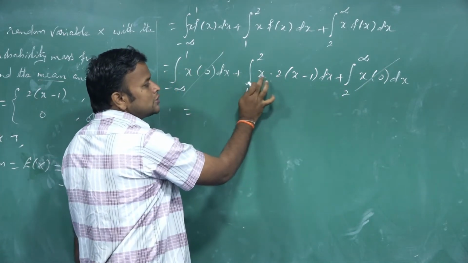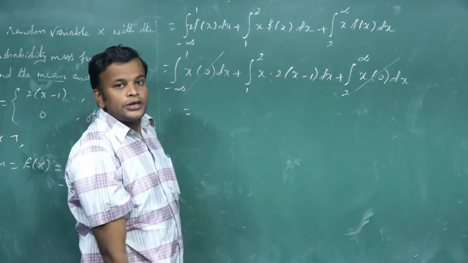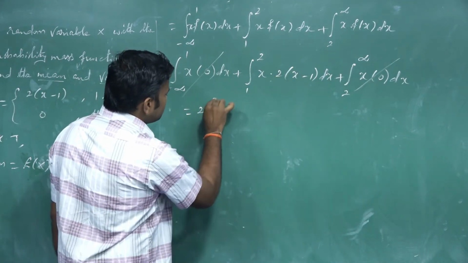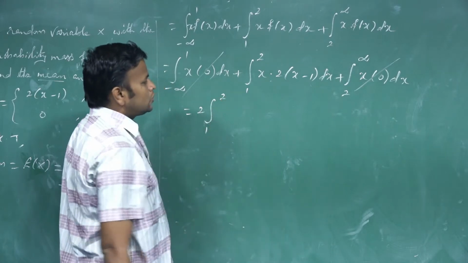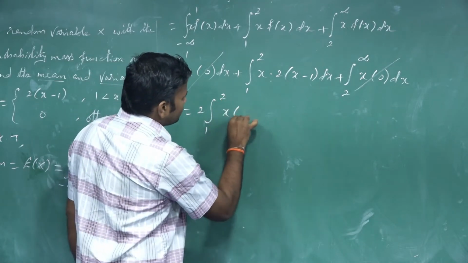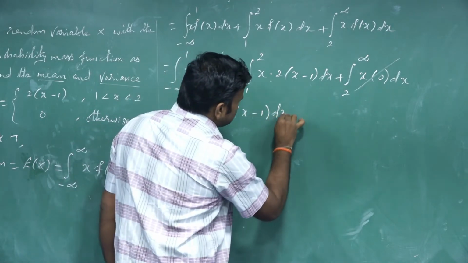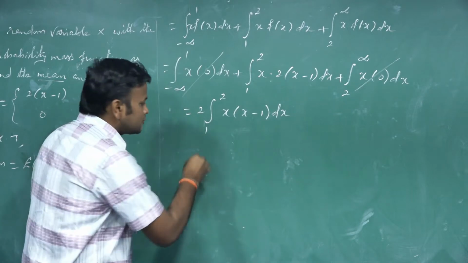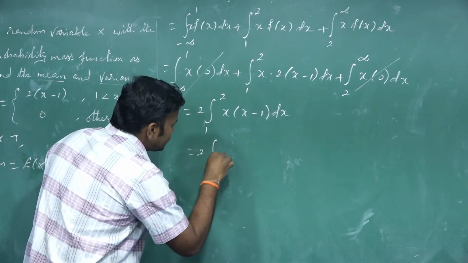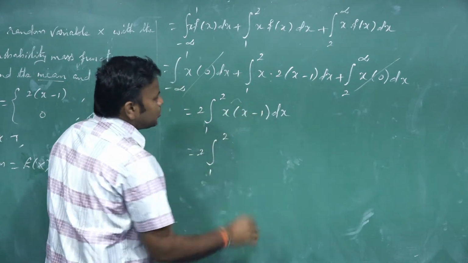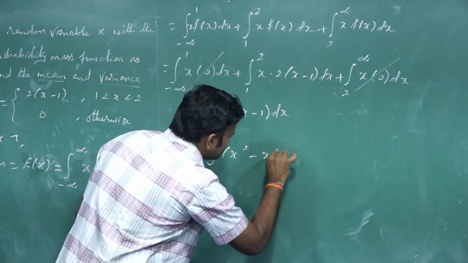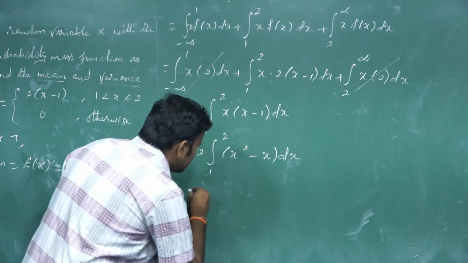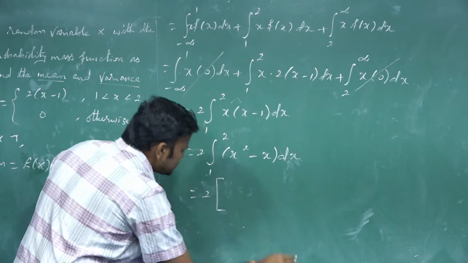In the middle interval you see x into 2 of x minus 1. Here 2 is a constant, so I will take 2 outside first of all. 1 to 2, remaining x of x minus 1 into dx. 2, integral 1 to 2. I multiply x inside. We get x square minus x of dx. 2 lies outside.